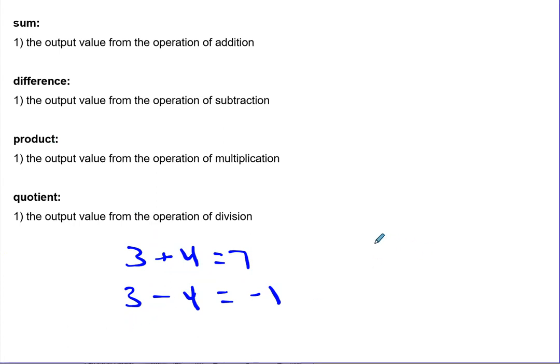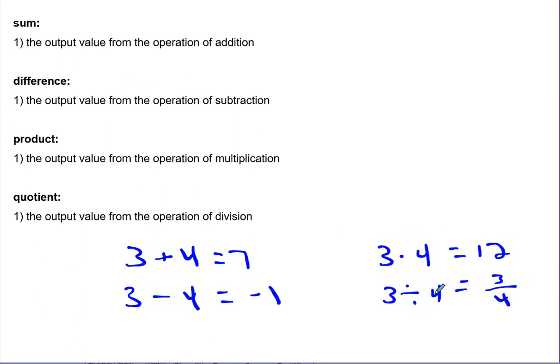Product here, I could say 3 times 4. Right, the product of 3 and 4 is 12, or the quotient of 3 and 4 is 3/4. Again, multiplication is commutative. The product of 3 and 4 is the same as the product of 4 and 3.